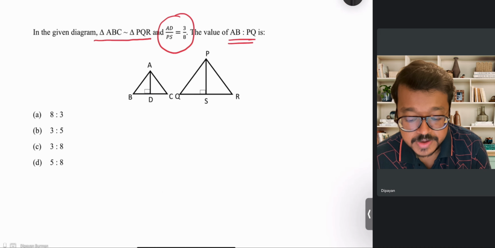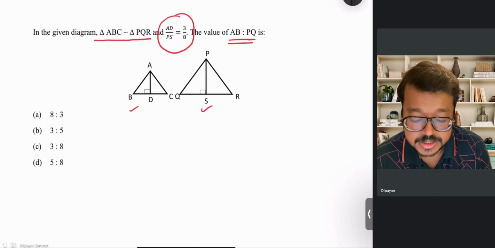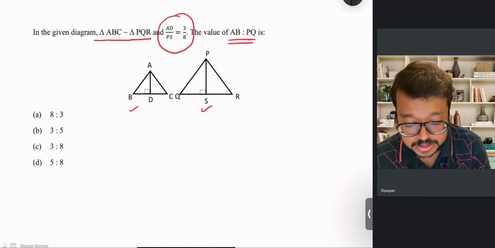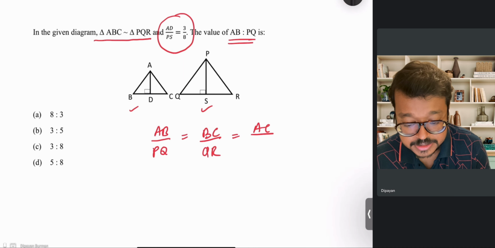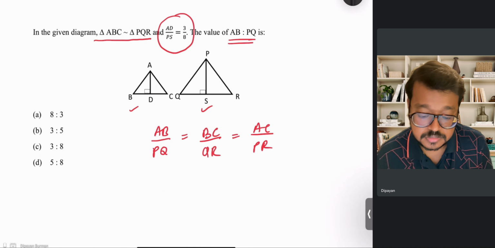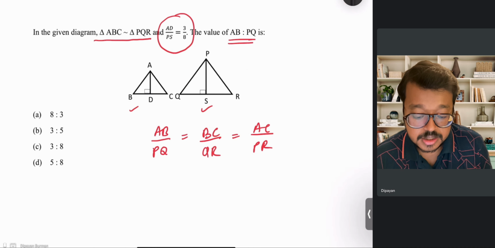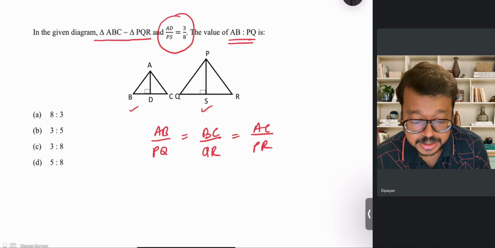So from the fact that the larger two triangles ABC and PQR, they are similar, I can say that AB by PQ is equal to BC by QR, that is equal to AC by PR. Okay. Then they are saying that AD by PS is equal to 3 by 8.